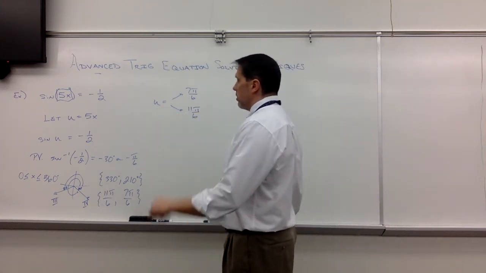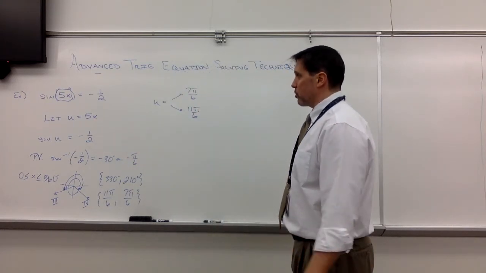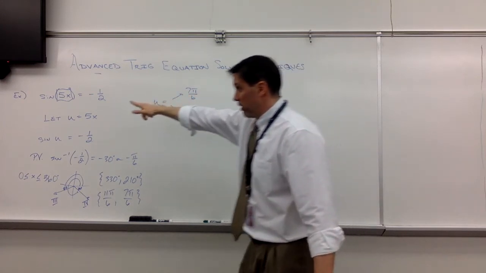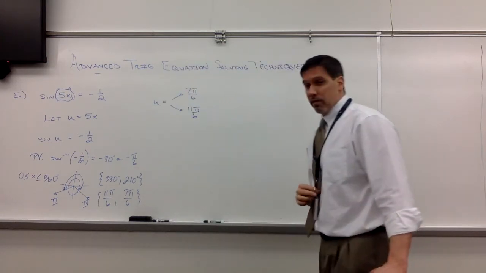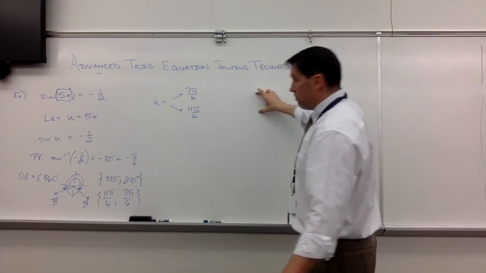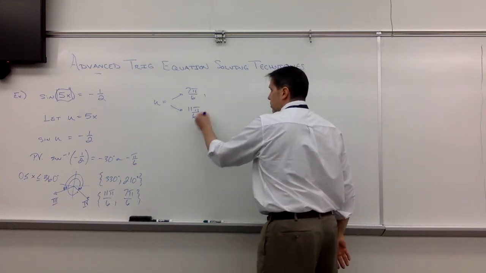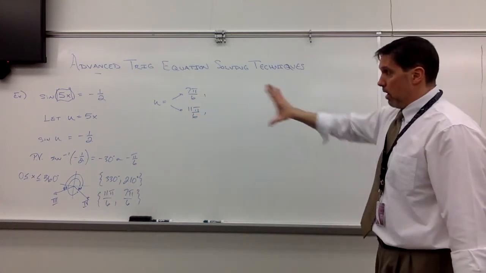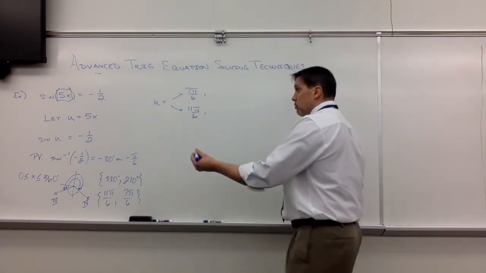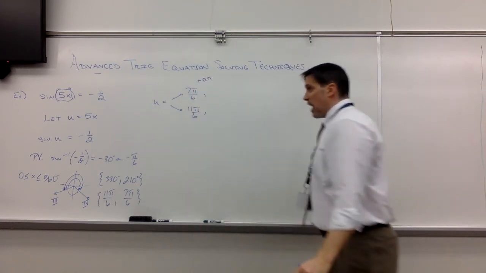Well, if you remember, u was equal to 5x. So we're going to have a lot more solutions, and we're not even necessarily saying that these are going to be solutions to the original, and in fact, I don't believe they're going to be. So what we're going to do is we're going to list out a bunch of multiples of these, angles that would be coterminal with u, and you'll see why we're doing this in a minute. Now, to get angles coterminal with these, if we're talking in terms of radians, which we are, we have to add or continue to add 2 pi.